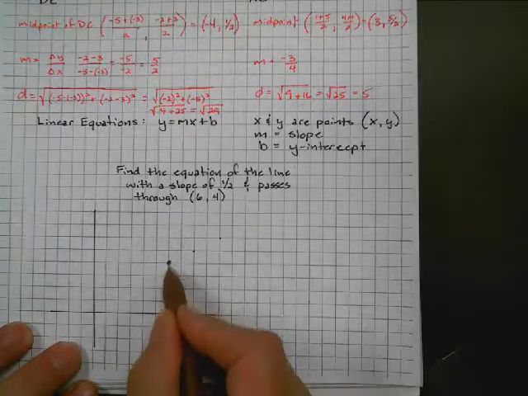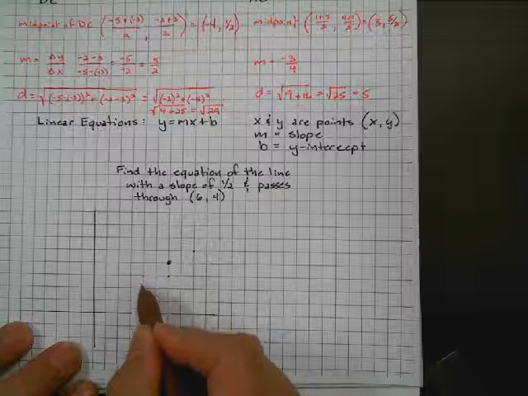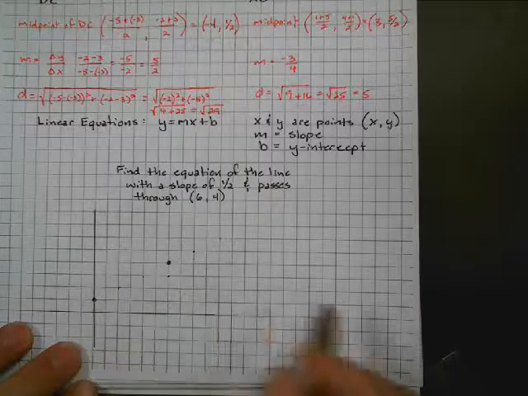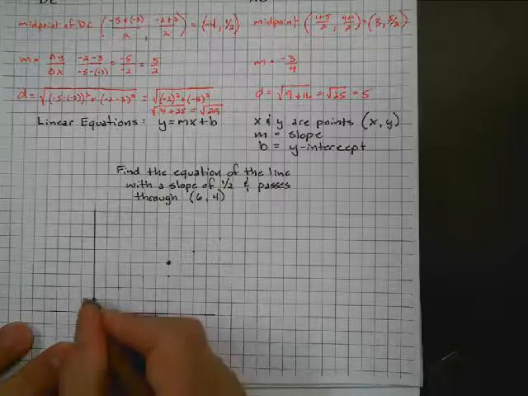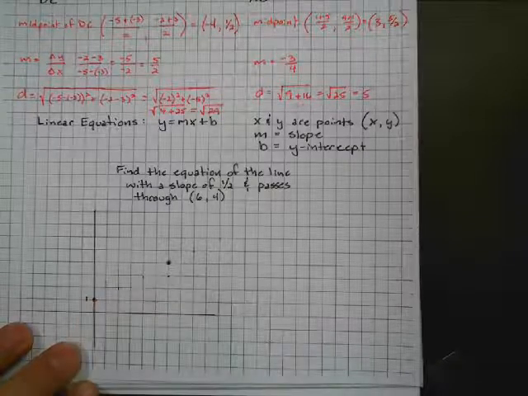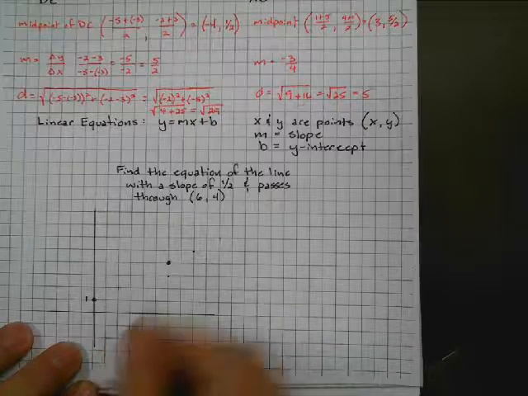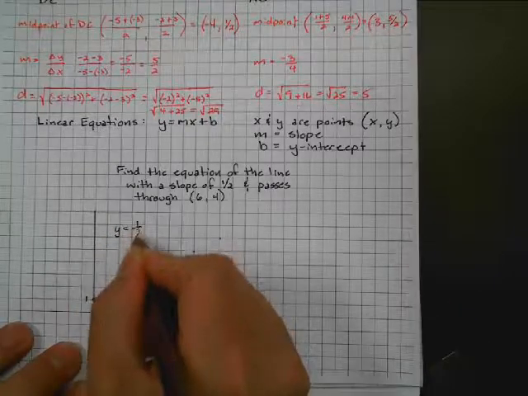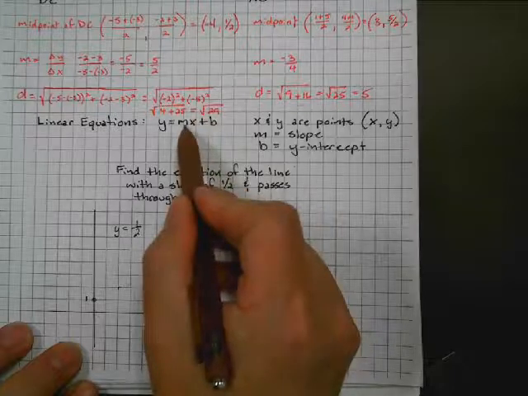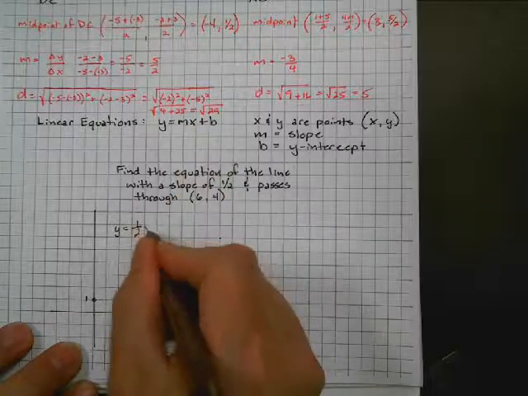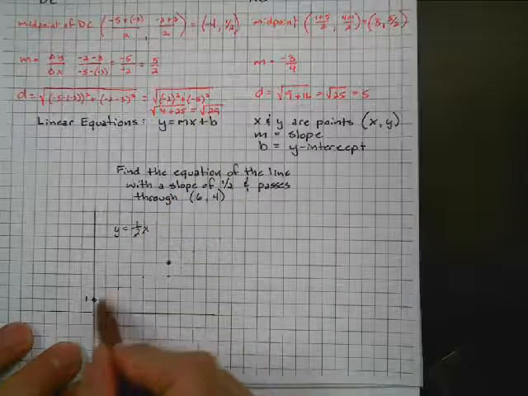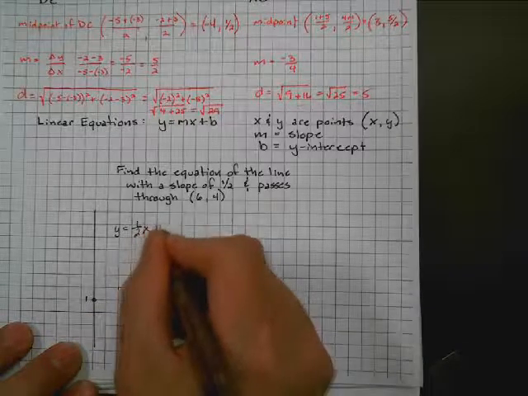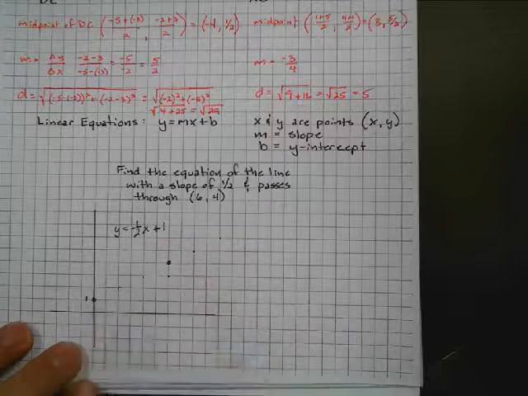And I can also go down 1, backwards 2, down 1, backwards 2. Oh, there we go. We've got a y-intercept. That's the y value of 1, right? So we could say our equation is y equals 1/2 x, because we plug in the slope for m, and then we worked backwards and found out that our y-intercept was 1. So plus 1, because it crosses the y-axis at 1.